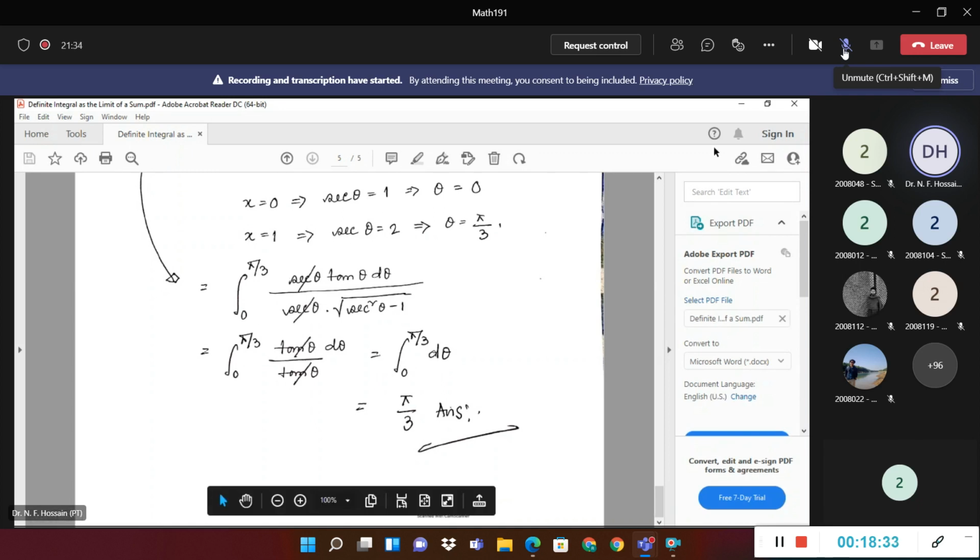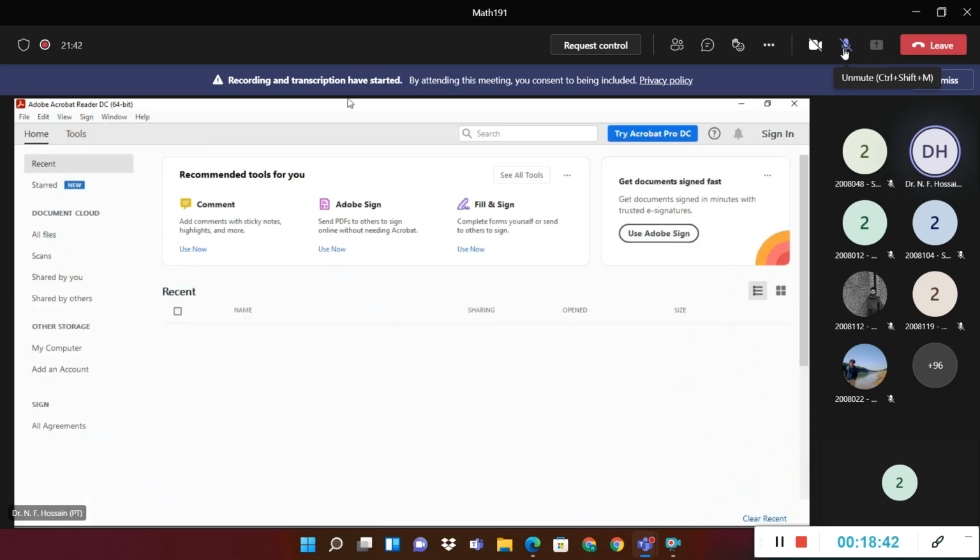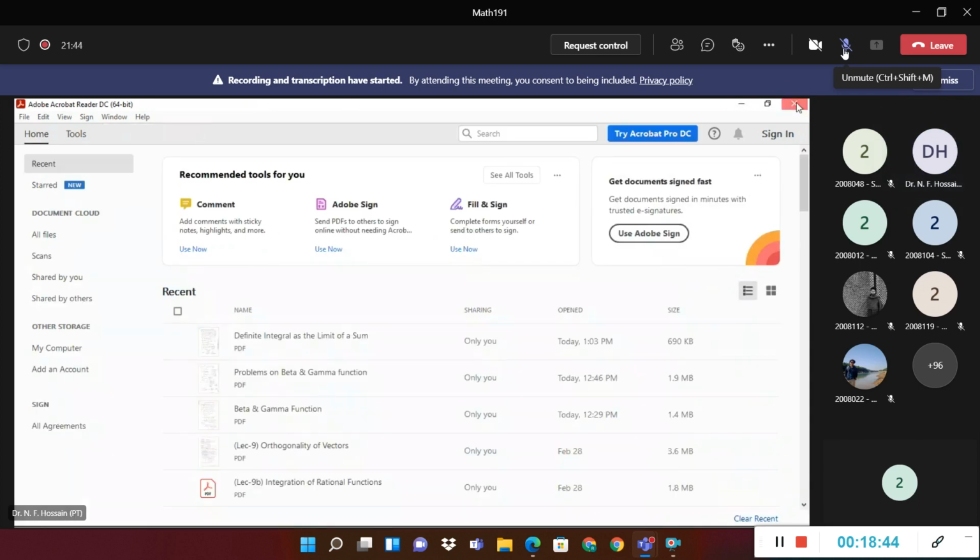Okay, I am closing this file and I am taking another file, which will be a very new thing: beta function and gamma function. Just a minute.